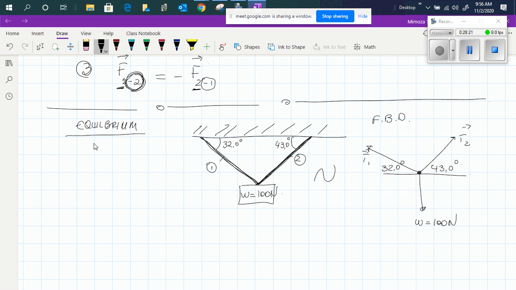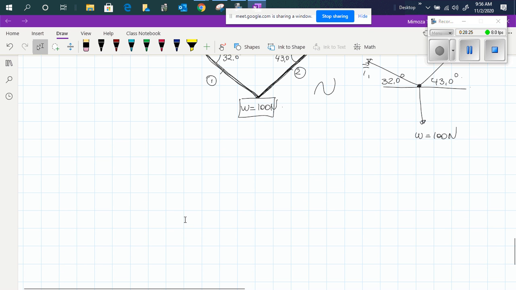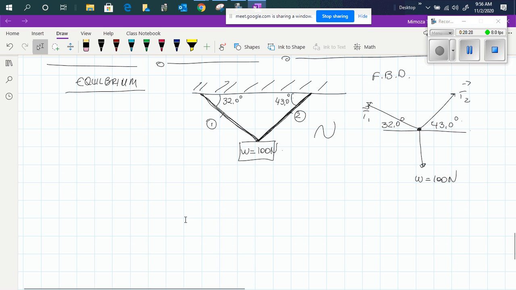Now, since it is in equilibrium, the sum of all the forces that the object is experiencing is equal to 0. It's not moving. Even if we apply the first law or the second law of motion, we still will have that acceleration is 0, the object is at rest, so therefore we have force net equal to 0.